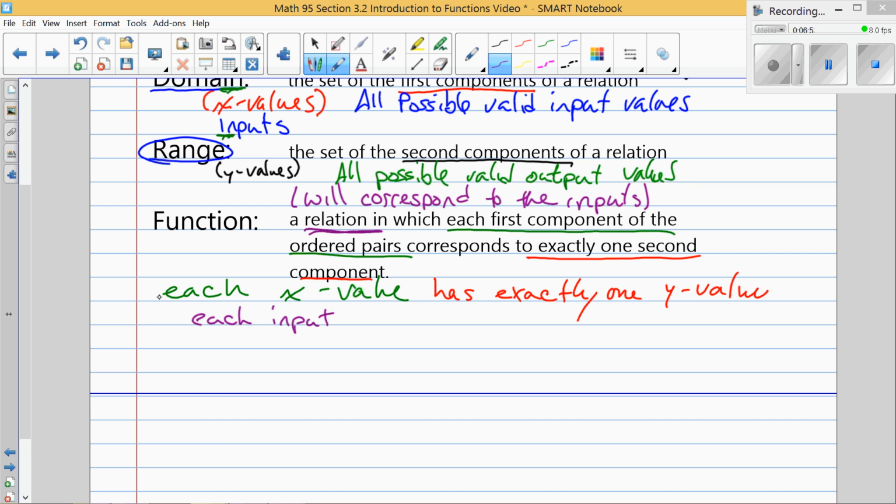So a function says that each input has exactly one output. So for any x value that I plug into my relationship, my function, I will only ever get out one y value. It is very predictable. If I plug something in, I know exactly what I will get out. And that's what makes it a function.